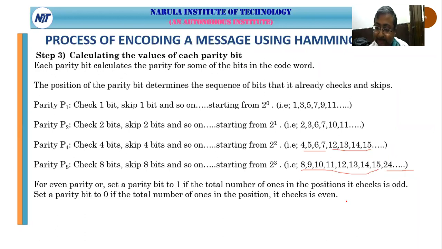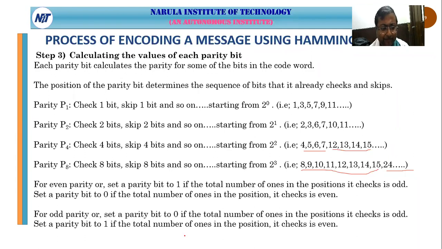If the total number is odd, then P is equal to 1. Similarly, for odd parity, set the parity bit to 0 if the total number is odd. If it is even, then put 1. Very simple. So this is the process to determine P1, P2, P4, P8, and so on.